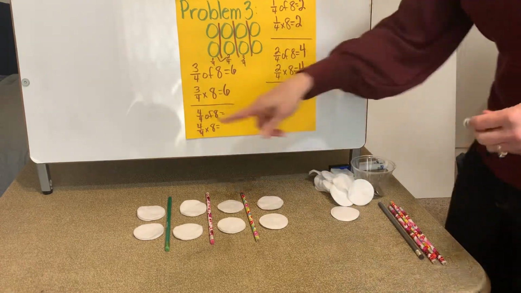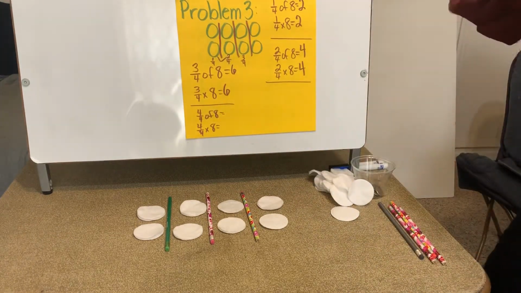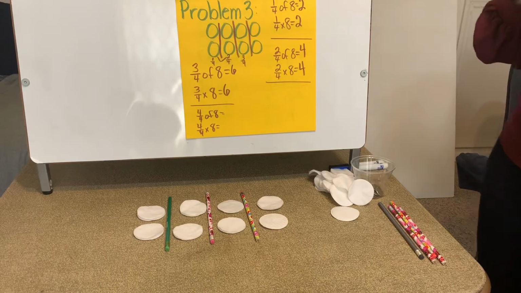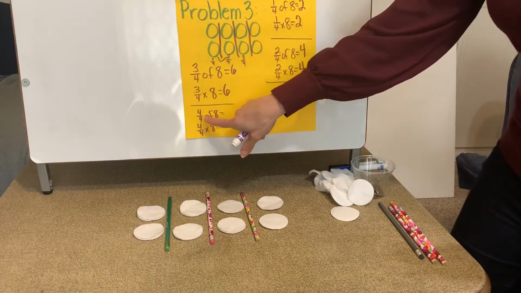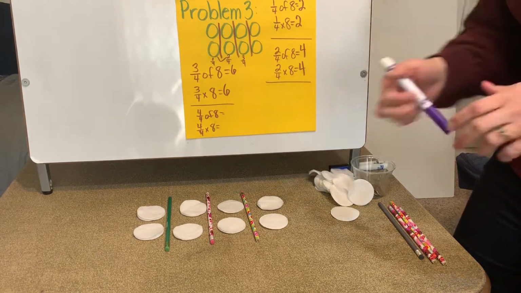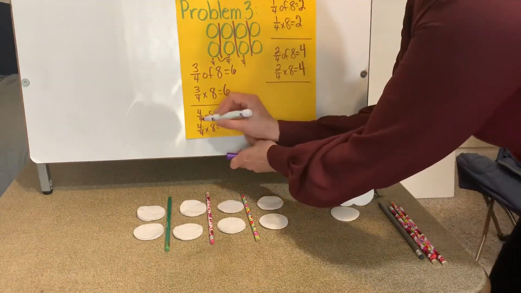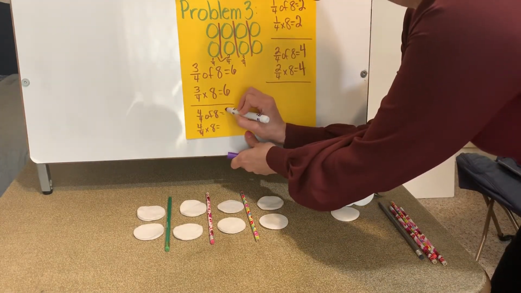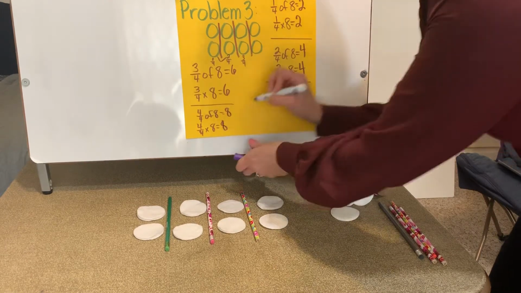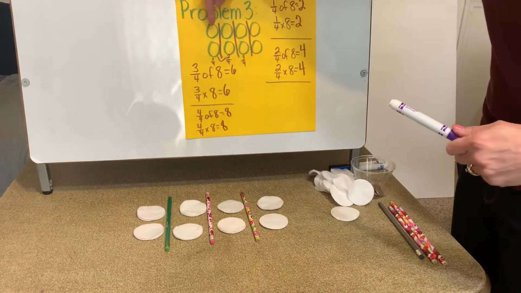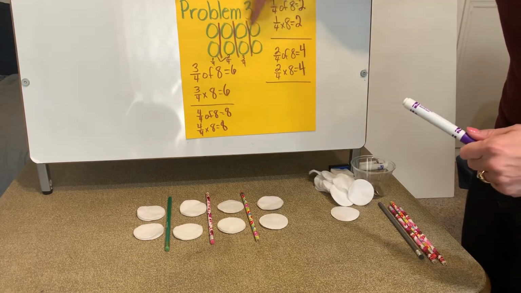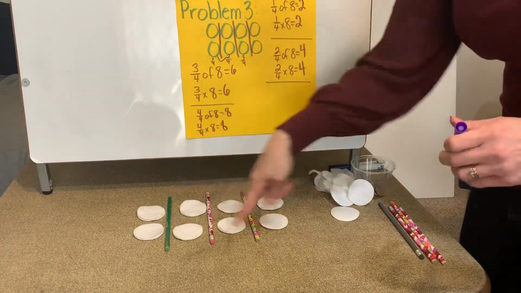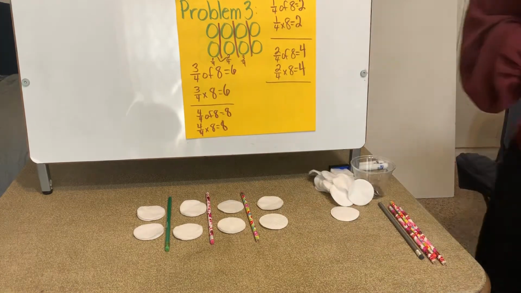Now 4/4, remember, we saw that with the 12ths. 4/4 is a whole. So if we have a whole thing times 8, we've got 8. That's the same as saying 1 times 8 is 8. Let's check with our picture. 1/4, 2/4, 3/4, 4/4. All of them would equal 8. We can see the same thing with the cotton rounds.